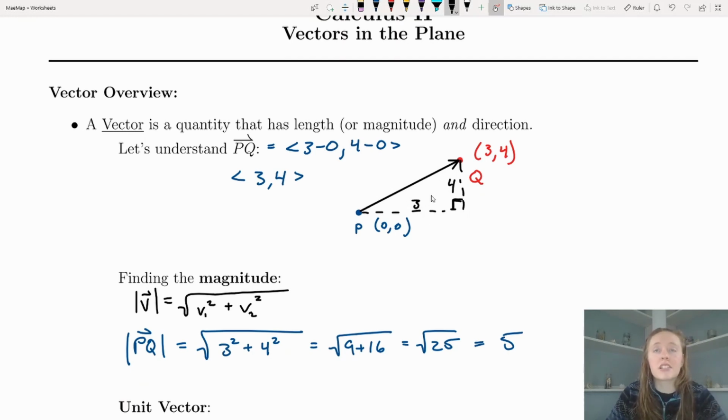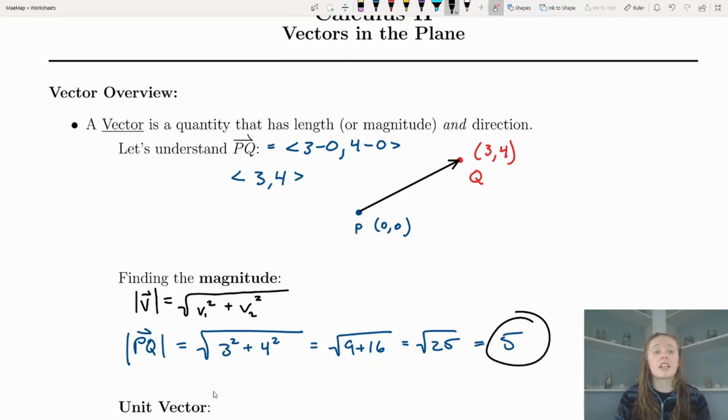So obviously this isn't quite drawn to scale, but if this was a length of 3 and this was a length of 4, how do you find the length of the hypotenuse? That's the square root of my sides squared. So that's just the Pythagorean theorem. The square root of a squared plus b squared. And that's all to find the length of that vector, which we got was 5.